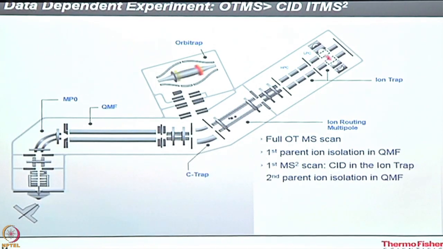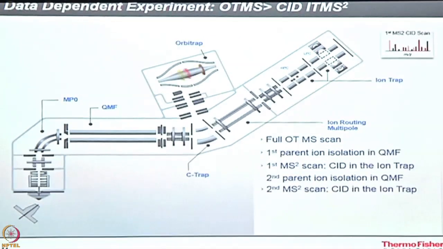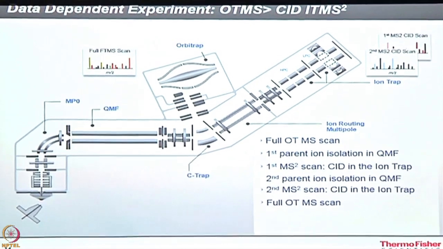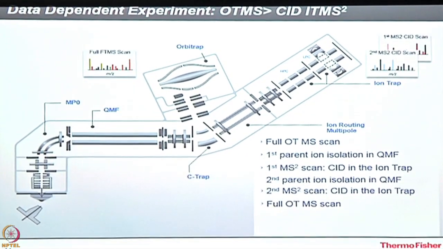So you are not losing any molecule or any time. It's a parallel reaction. When all the MS2 scans are over, at the end of the full scan you will get the MS scan as well as the MSMS scan. So you are not losing any time, molecules, or samples.